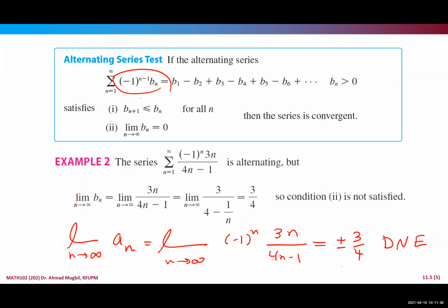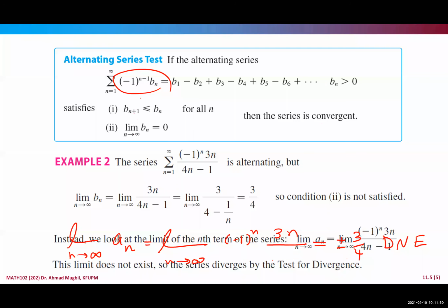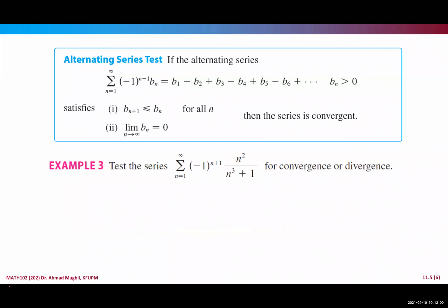So it is not 0. Because of that, this series diverges by the test for divergence, 11.2. What does that say? The test says if the limit is not zero or does not exist, the series is divergent. Let's take one more example.